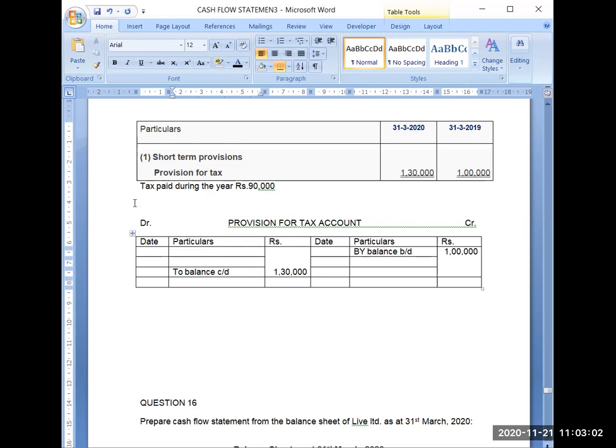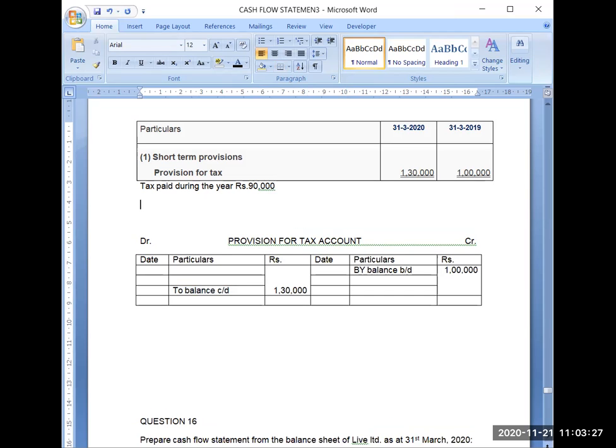So that's why you should know where we will be writing the closing balance. Now there are two types of informations that can be the third information. There can be two types of informations in the provision for tax account now. One may be for the tax paid, or it can be for the provision made during the year. So there can be two additional informations.